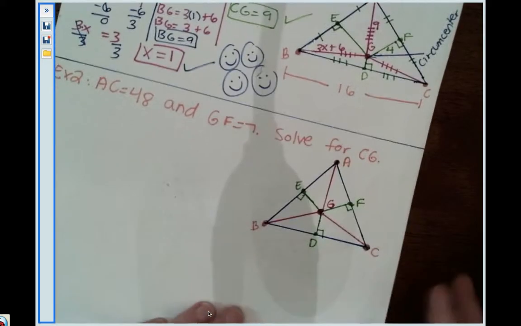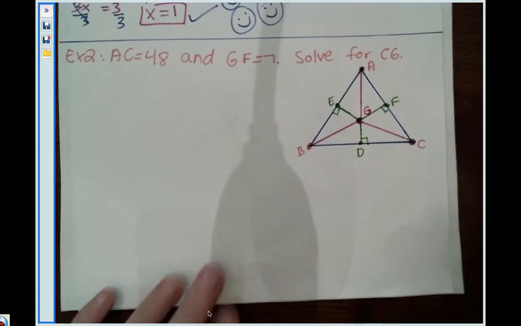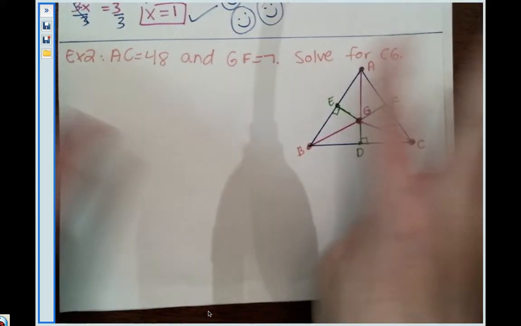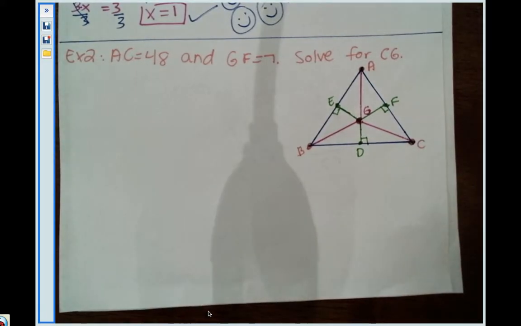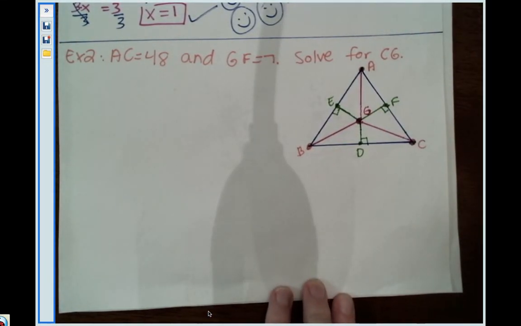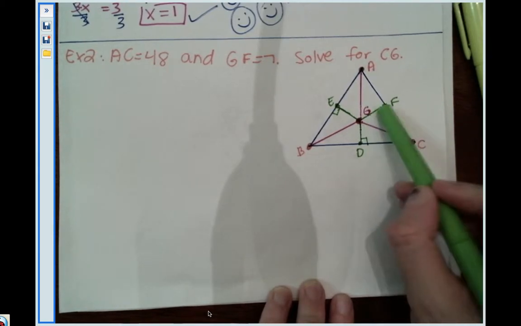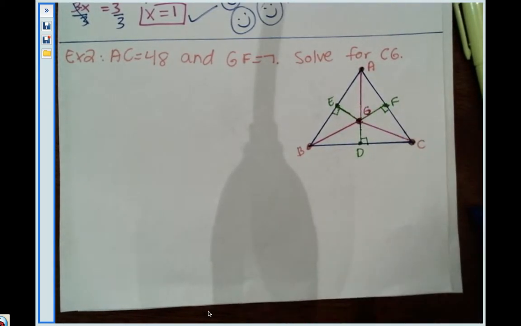Looking here, before we label anything in my picture, I'm going to label the fact that my three little green segments in this triangle are the perpendicular bisectors: GE, GF, and GD. What does it mean to be perpendicular?